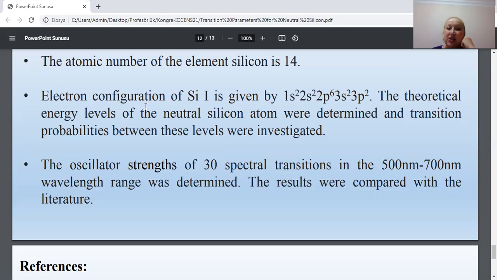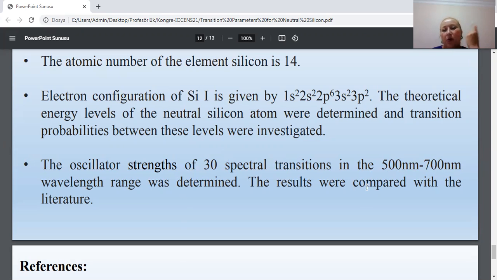The theoretical energy levels of the neutral silicon atom were determined, and transition probabilities between these levels were investigated. The oscillator strengths of 30 spectral transitions in the visible light range, 500 nanometers to 700 nanometers wavelength range, were determined.